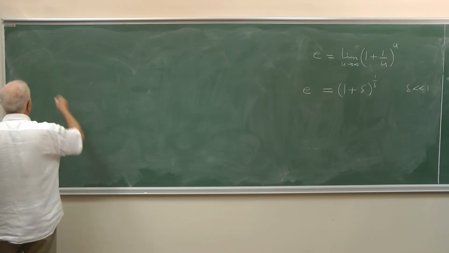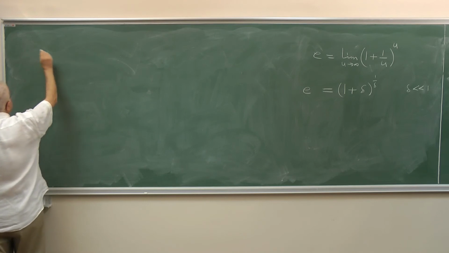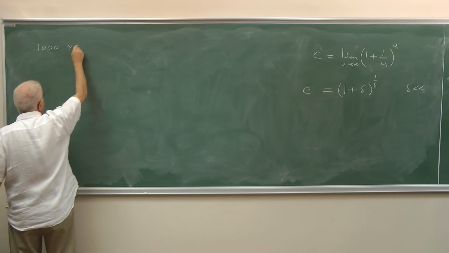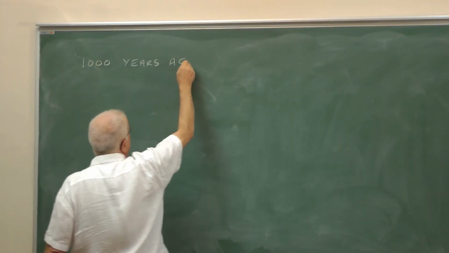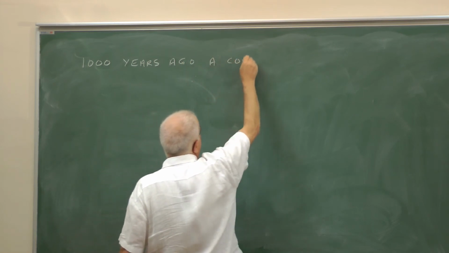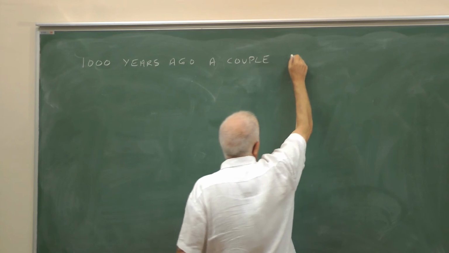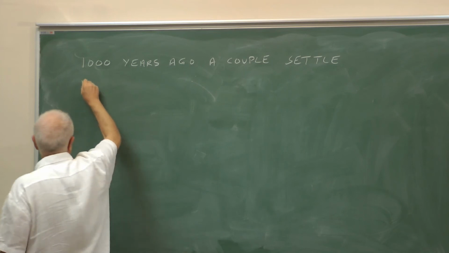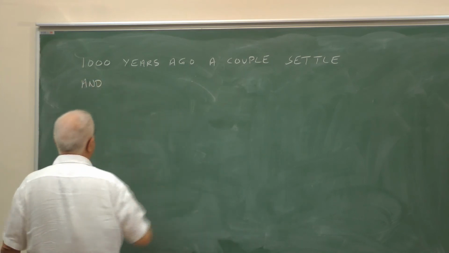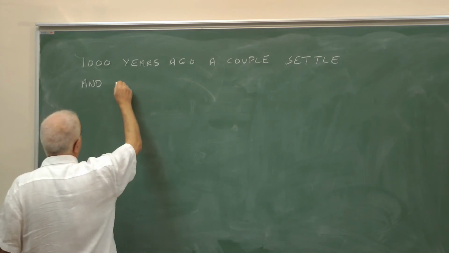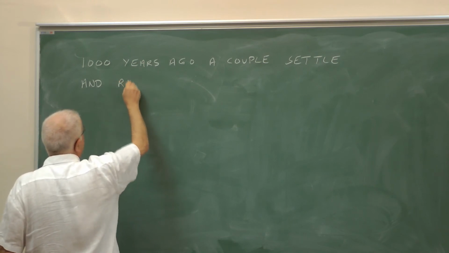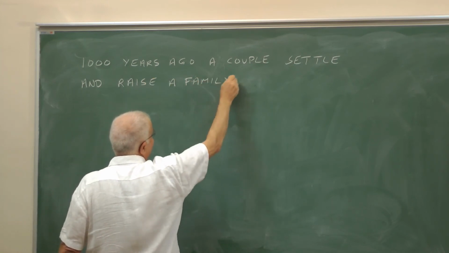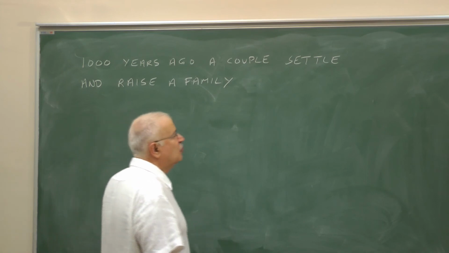Suppose a thousand years ago, a couple settle and they raise a family. This is a compound interest problem.